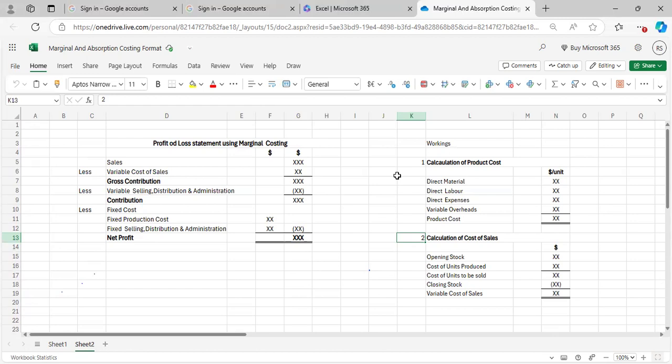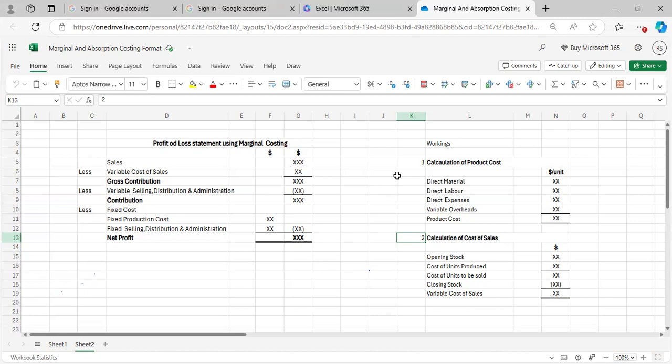Why? Because according to marginal costing, these are part of your period cost. When we charge them as a period cost, we charge 100% in the profit and loss account. So we calculate the cost of sales: opening stock plus production unit cost, less closing stock units. We will have the variable cost of sales.